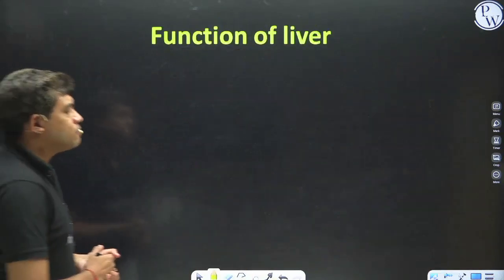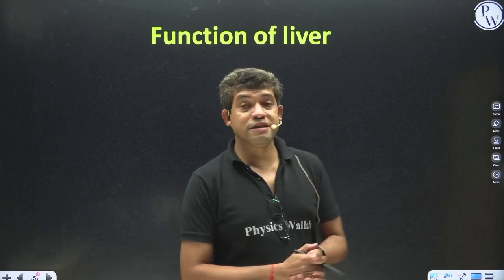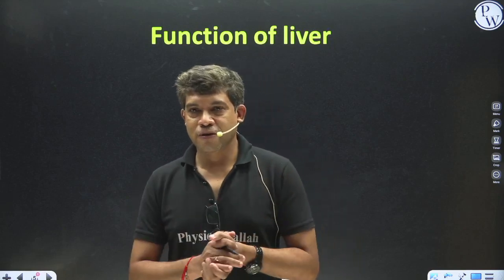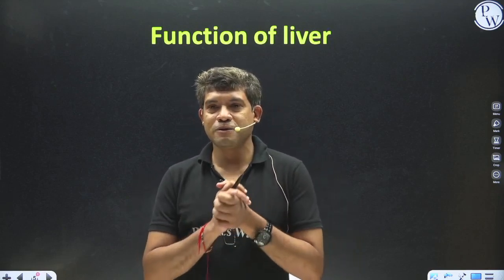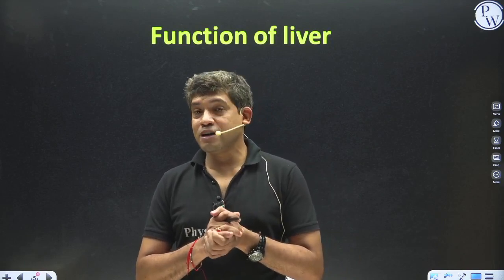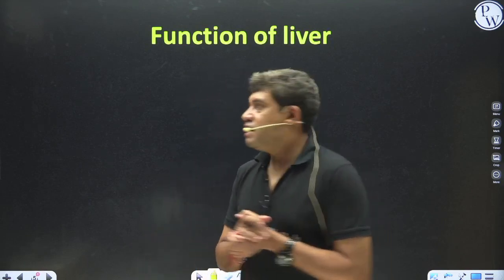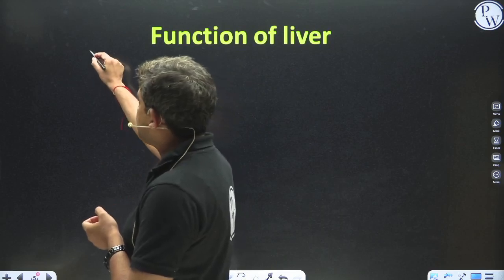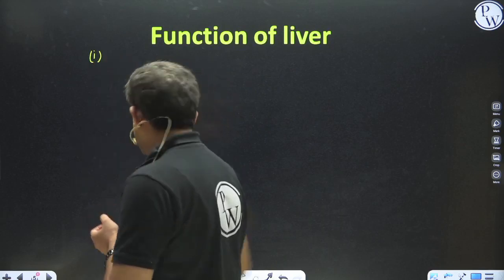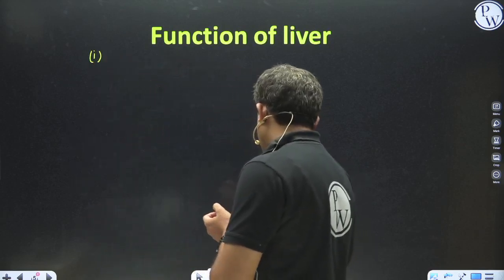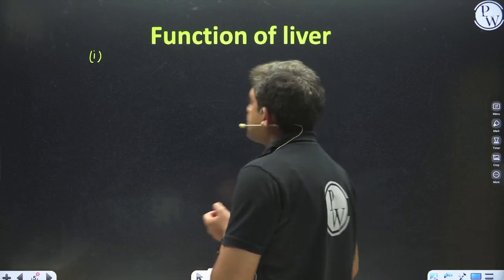Now someone among you will be asking, sir, what are the functions of the liver and why is it so important for us? So let us see what the functions of the liver are. If I'm talking about the metabolic functions, let us learn something about them.